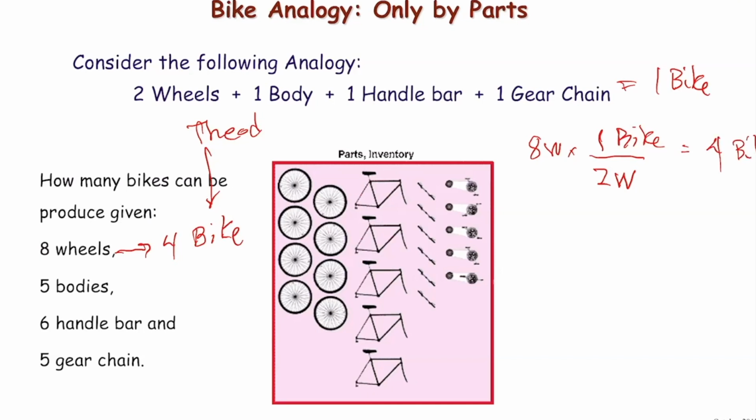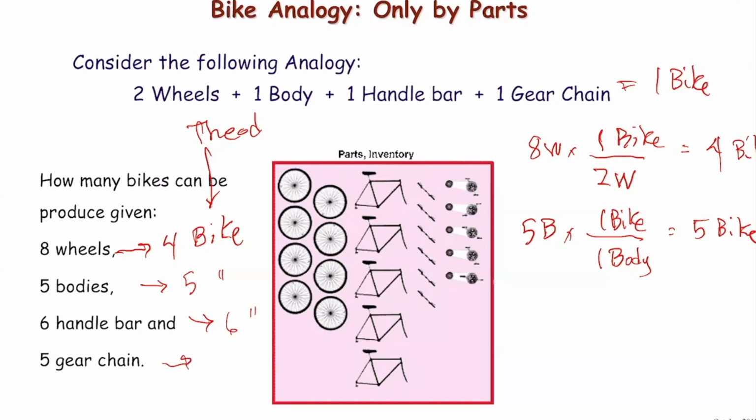Again, I'm showing you dimensional analysis. 5 bodies. Well, I know from my equation that 1 body equals 1 bike. So potentially I can make 5 bikes from those bodies. See how I'm doing dimensional analysis? Same thing in chemistry. 6 handlebars will potentially give me 6 bikes, and 5 gear chains will potentially give me 5 bikes.